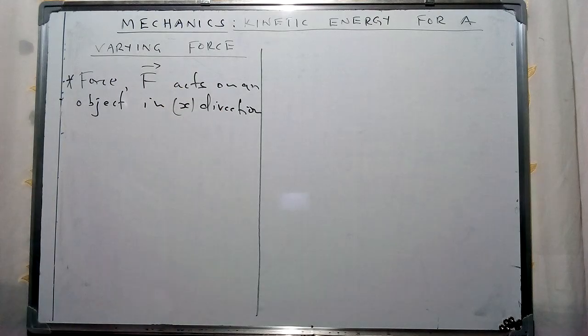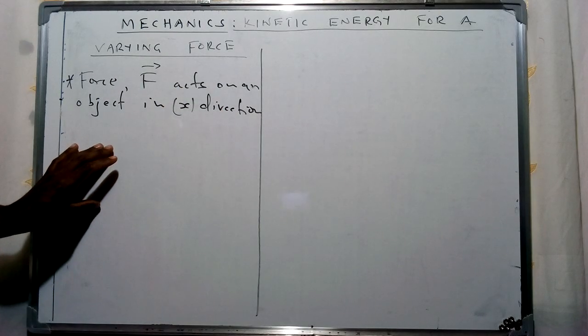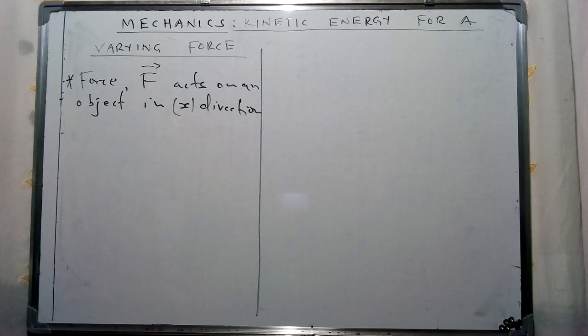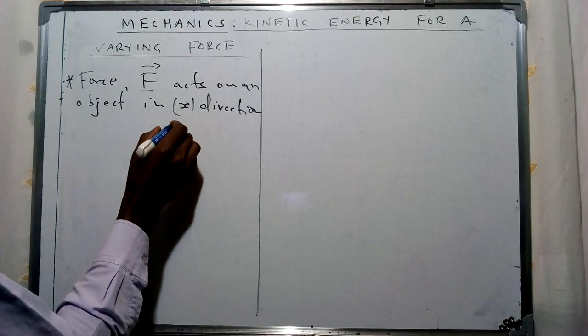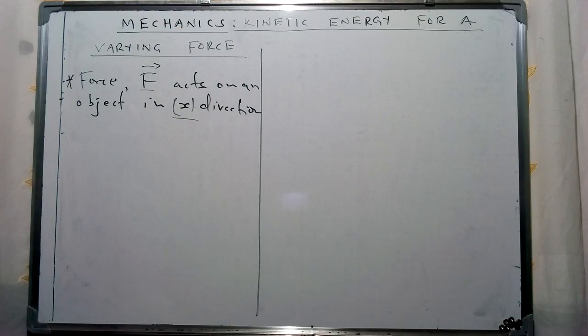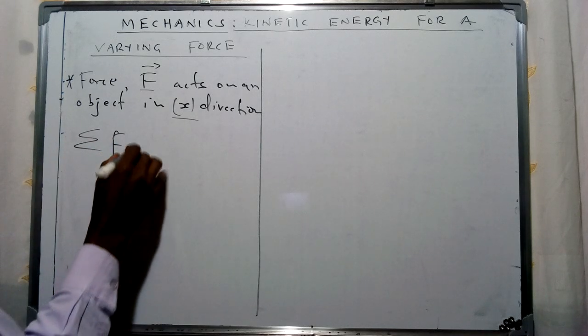This can be illustrated using the example from the previous discussion on Newton's second law of motion. So we are going to consider this force F acting on an object in the x direction, and we are going to give this specific force as the summation of F in the x direction.